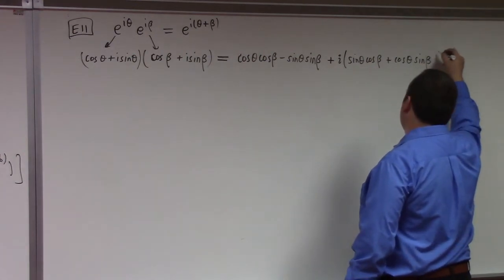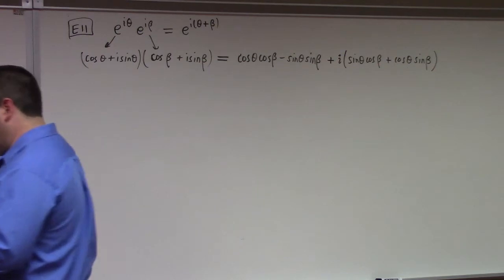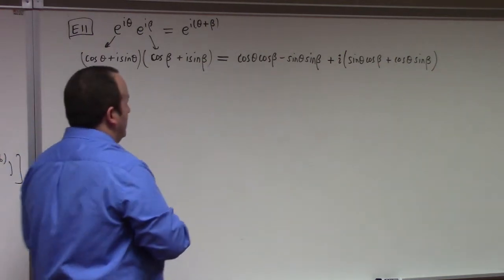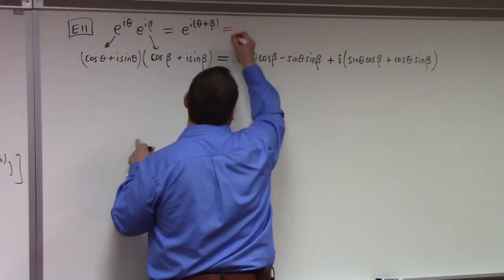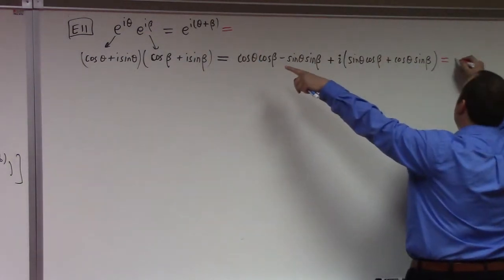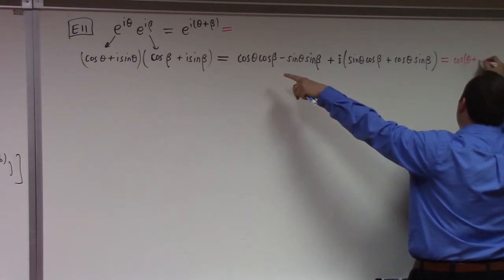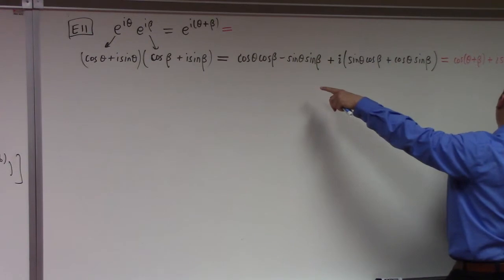Just multiply it out. Collect real and imaginary terms. i squared is minus 1. But this, of course, is also what? That's the cosine of theta plus beta plus i times the sine of theta plus beta.